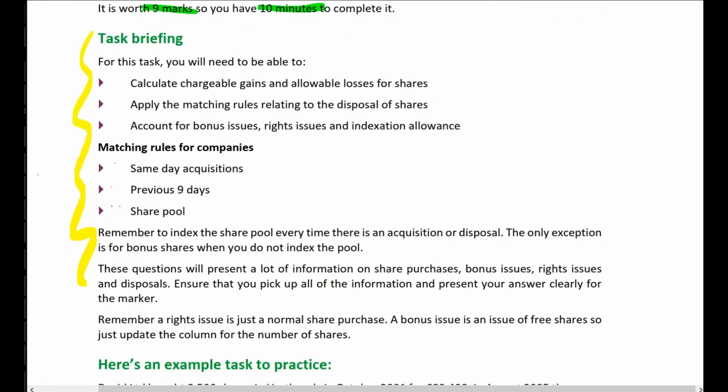The thing I particularly wanted to mention was here, that whenever we do share disposals for companies, we have to apply what we call the matching rules. So if you haven't learnt these yet, please learn them now. What we're saying here is if a company owns shares in, let's say, ABC Limited, so our company has bought shares in ABC, but they've been purchased over many years.